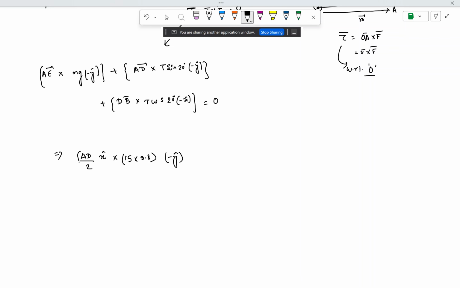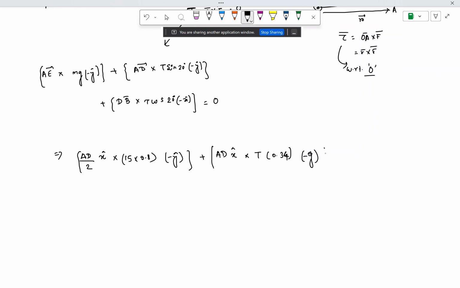Then there is AD as a scalar quantity, with direction plus x cap, cross T. Now sin 20 degree, using your calculator, is approximately T into 0.34, and the direction is minus y cap.